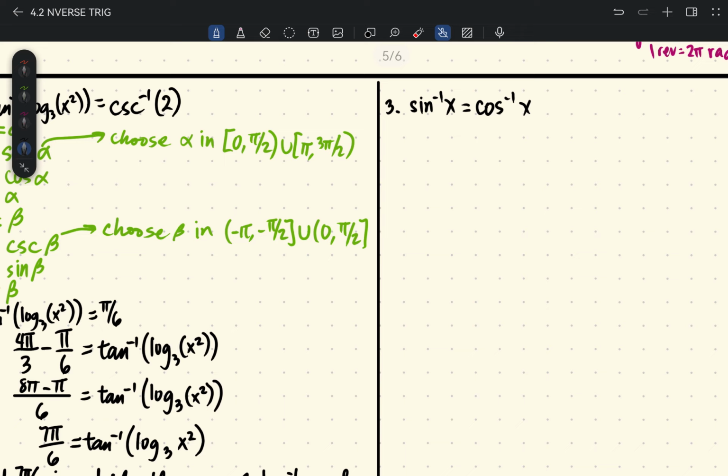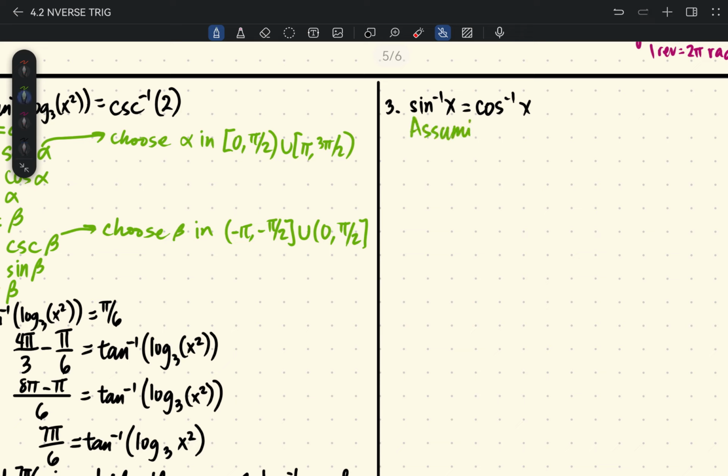Observe that we can try and apply the sine function to both sides. Because if we do that, this one right here would just cancel out with each other, giving us x. So first, let's try and do that.